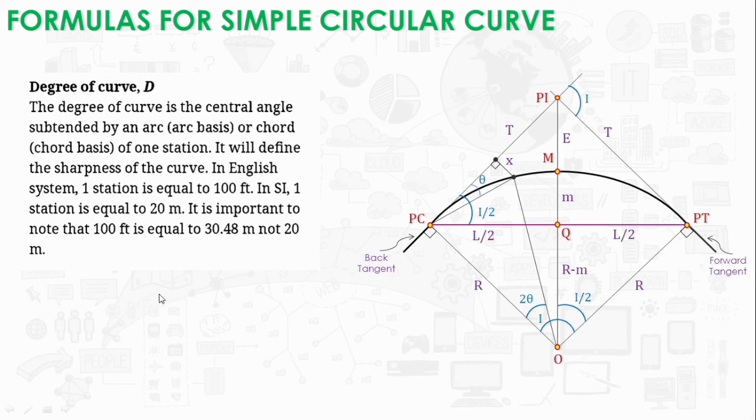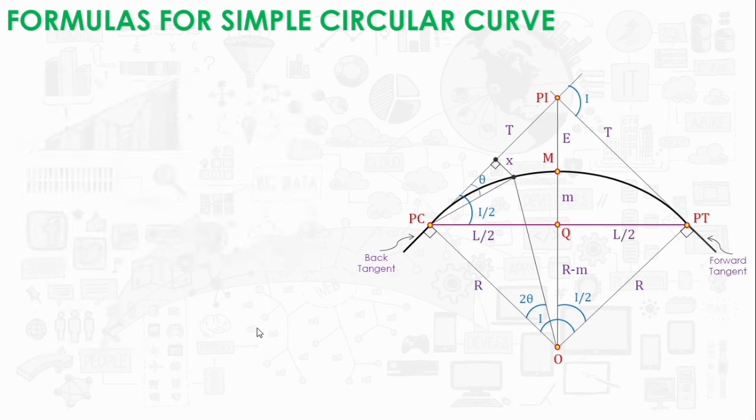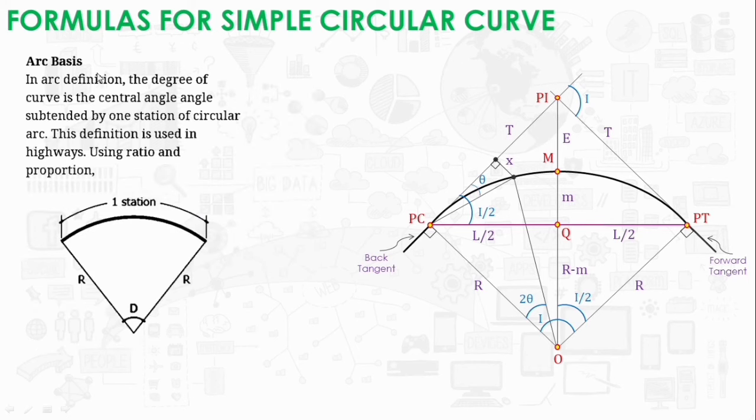So, for example, using arc basis and chord basis. First, the arc basis. From the word itself, our degree of curve depends on the arc or the curve itself. The degree of curve is the central angle subtended by one station of circular arc. This definition is used in highways using ratio and proportion. One station in SI unit equals 20 meters.